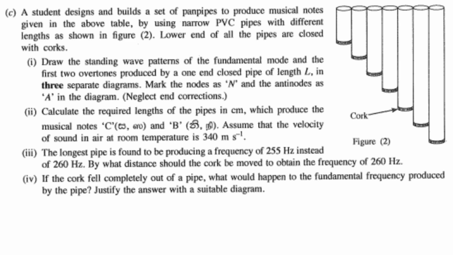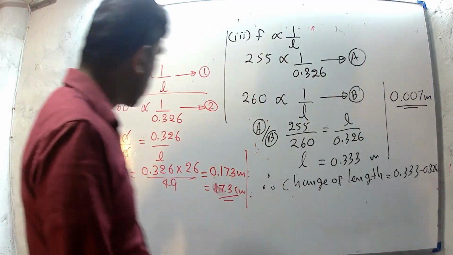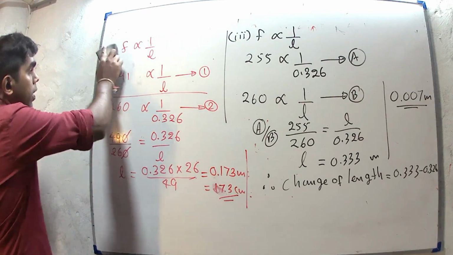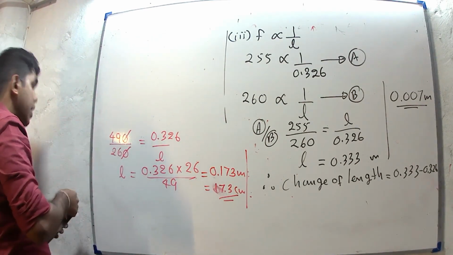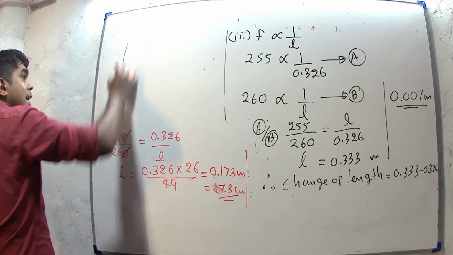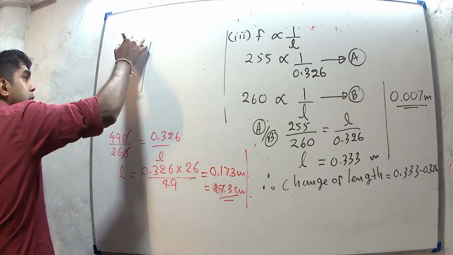Then part 4. If the cork fell completely out of the pipe, what would happen to the fundamental frequency produced by the pipe? Justify the answer with a suitable diagram. The cork has been removed. Therefore, we can consider it as an open pipe, like this.